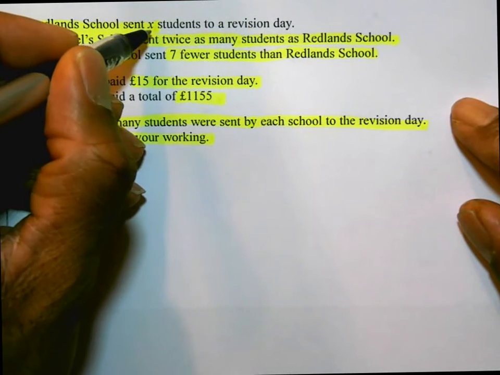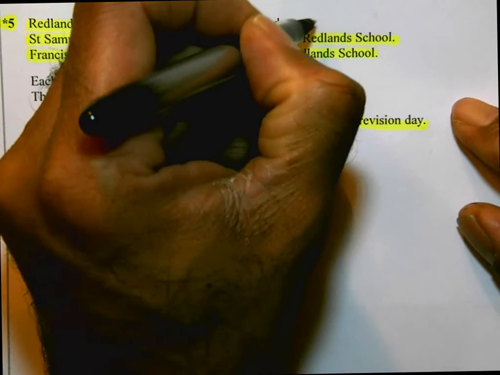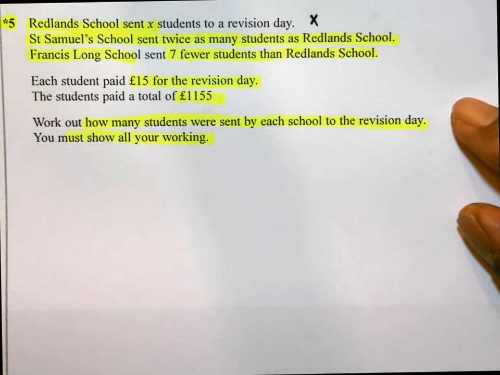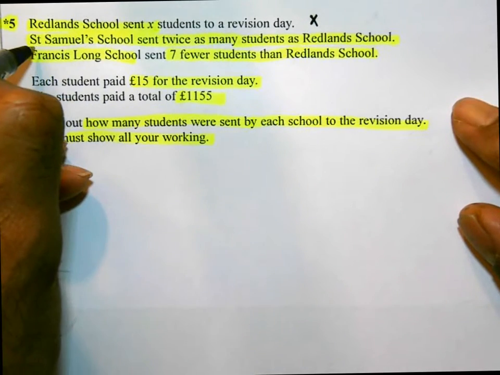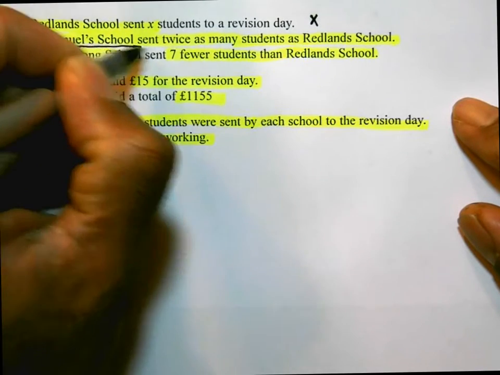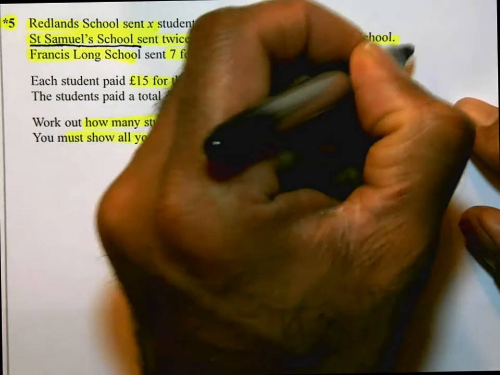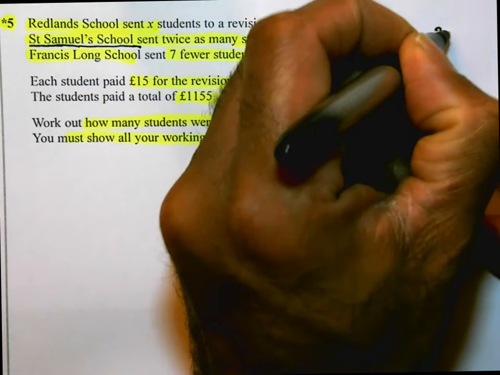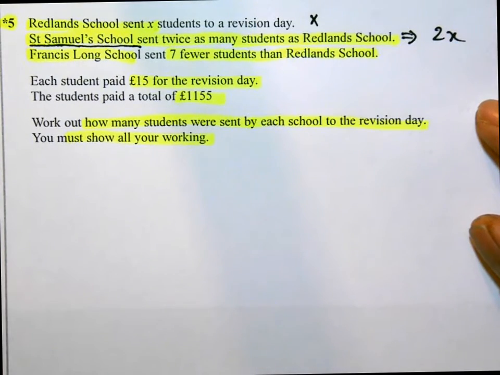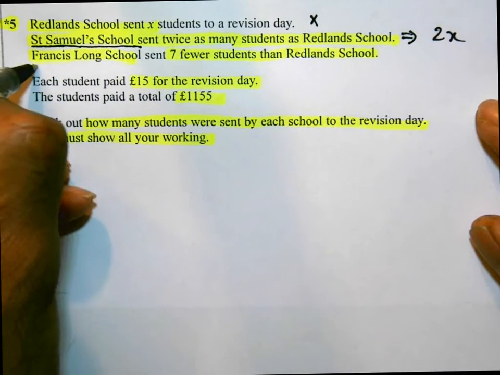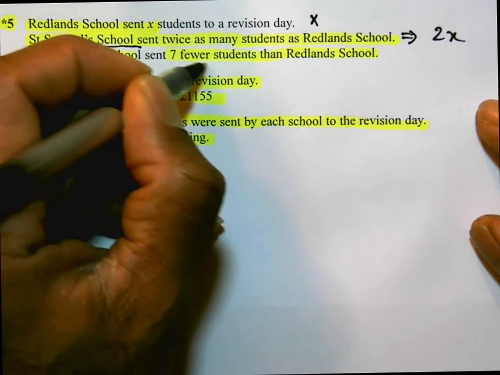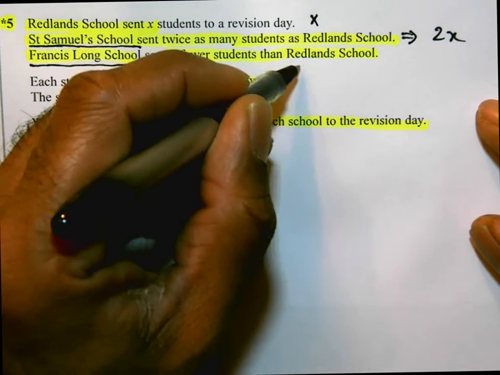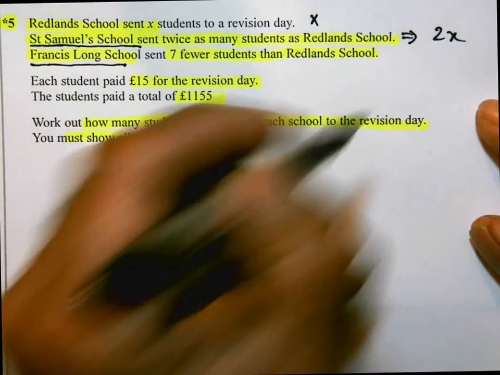Redlands School sent X students to the revision day. So from Redlands, there were X students sent altogether. St. Samuel's School sent twice as many as Redlands, so that's 2 lots of X, 2X, sent by St. Samuel's. And St. Francis School sent 7 fewer, that means 7 less than Redlands.